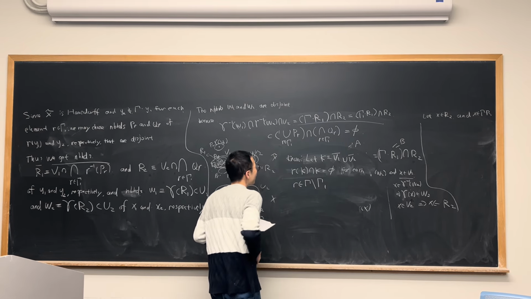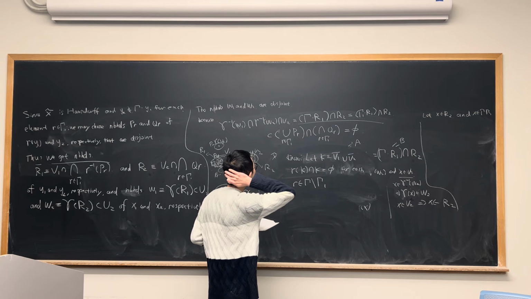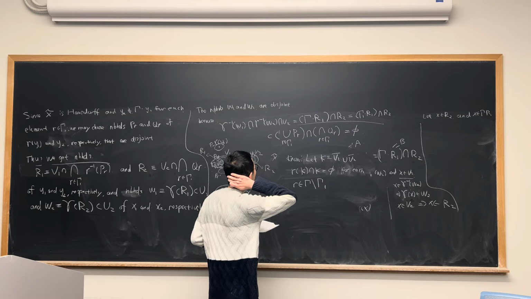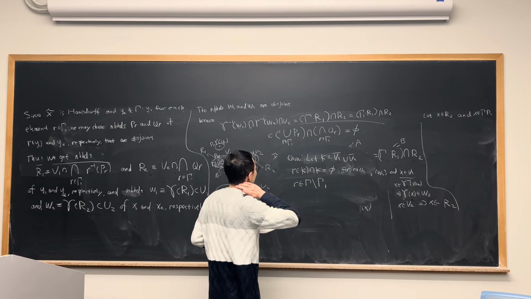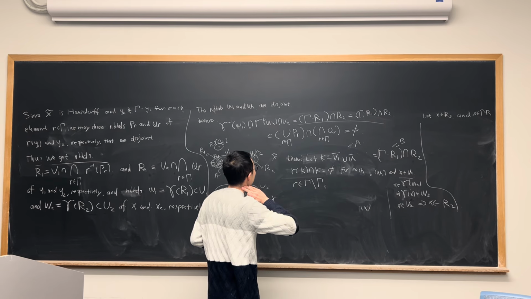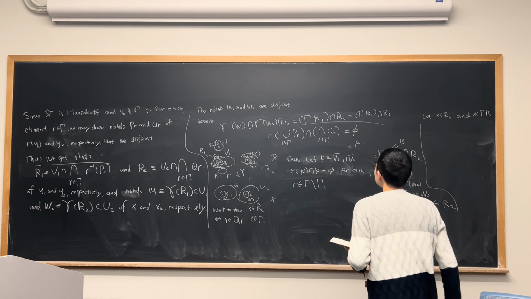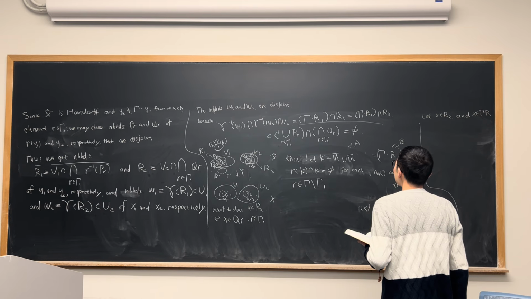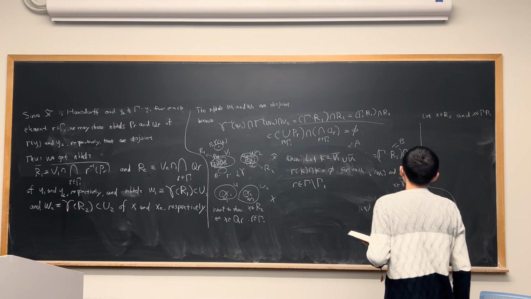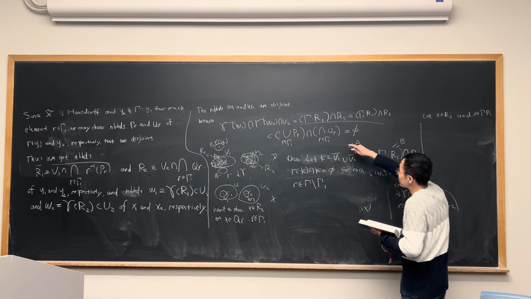Why is this set contained in here? So we have the union of... I'm trying to show the last part.